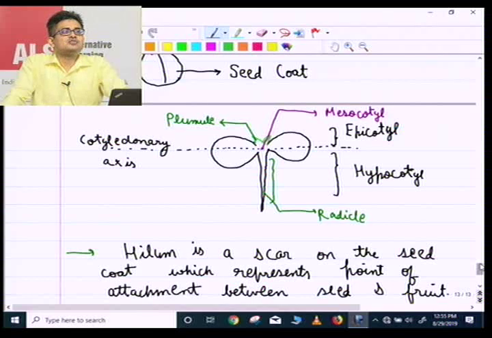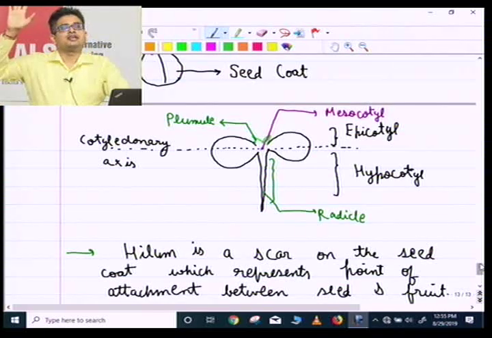Just raise your hands if you understand my question. Is there a scar mark on your body as well, just like hilum? And can you also name it? Very good, Shillong and Itanagar. There is. And what is the name of that? Navel. Look at your navel. Take your hand out and put it on your navel.